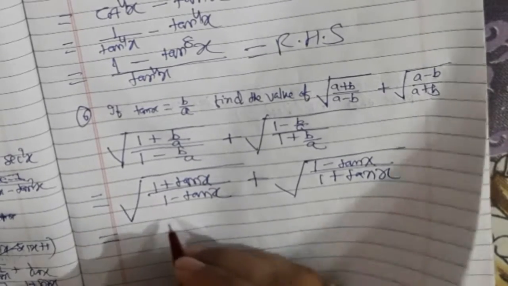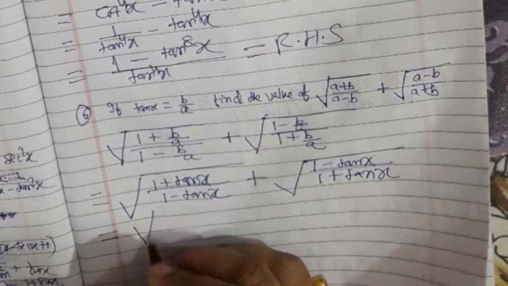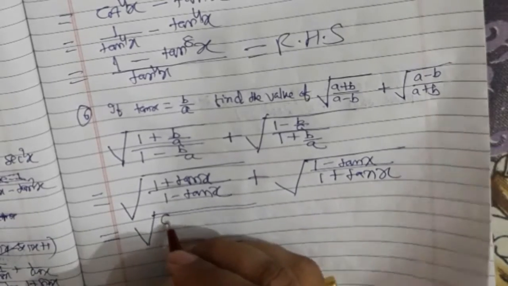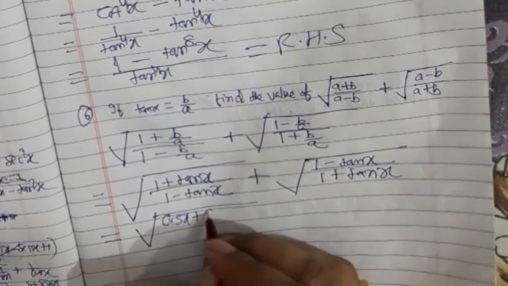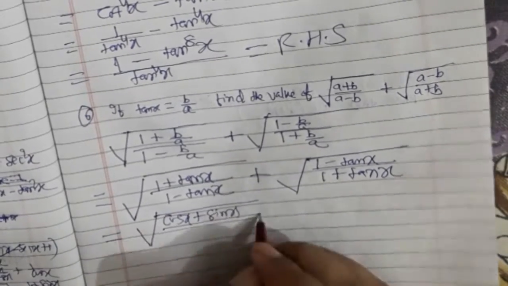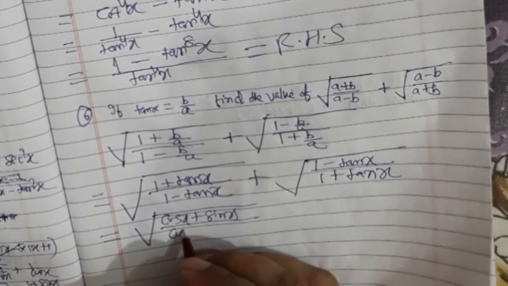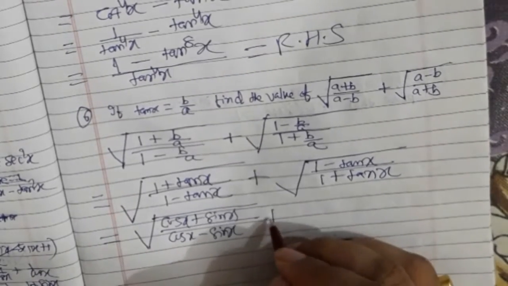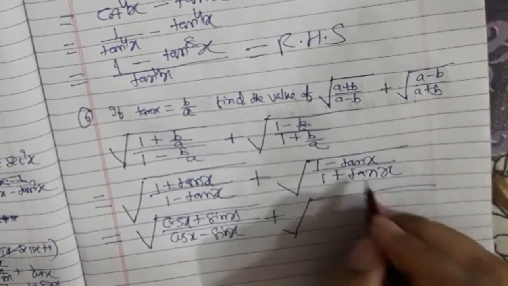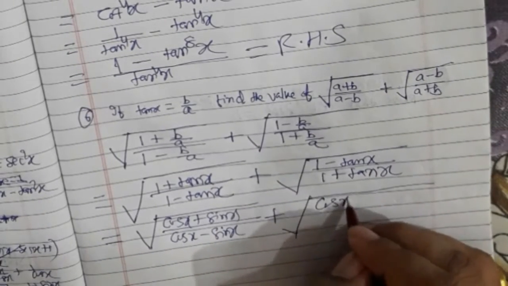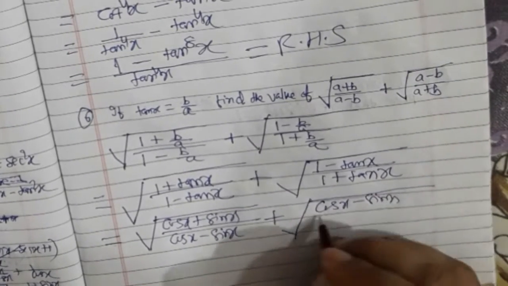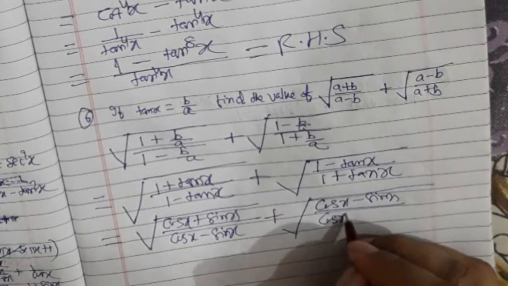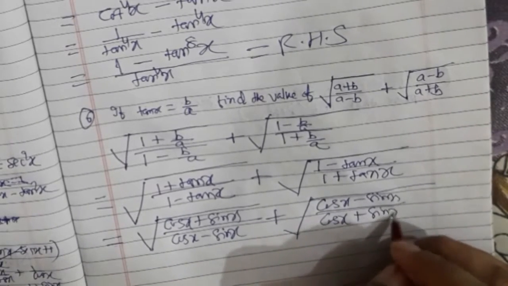We will get root of (cos x plus sin x) over (cos x minus sin x). Similarly, we can write this as root of (cos x minus sin x) over (cos x plus sin x).